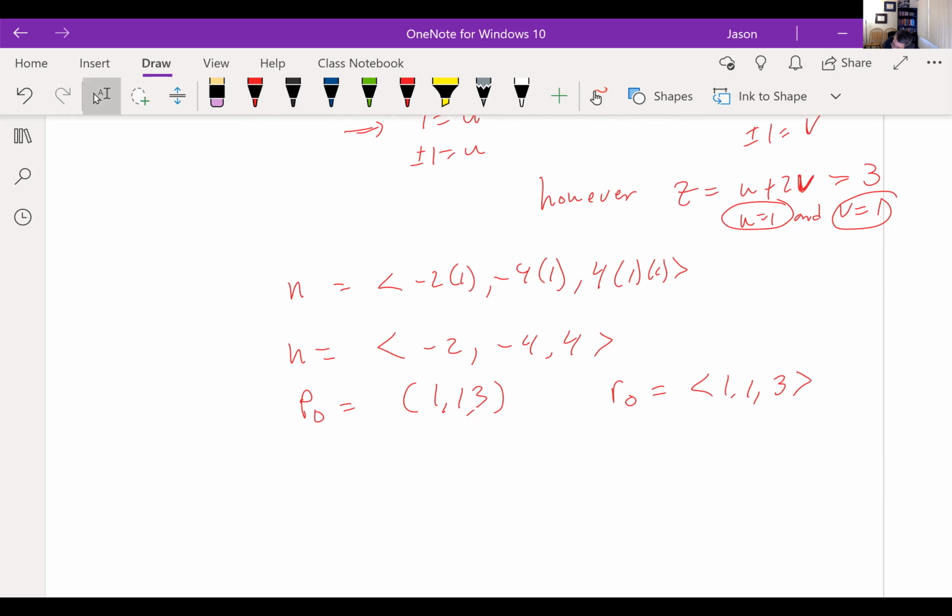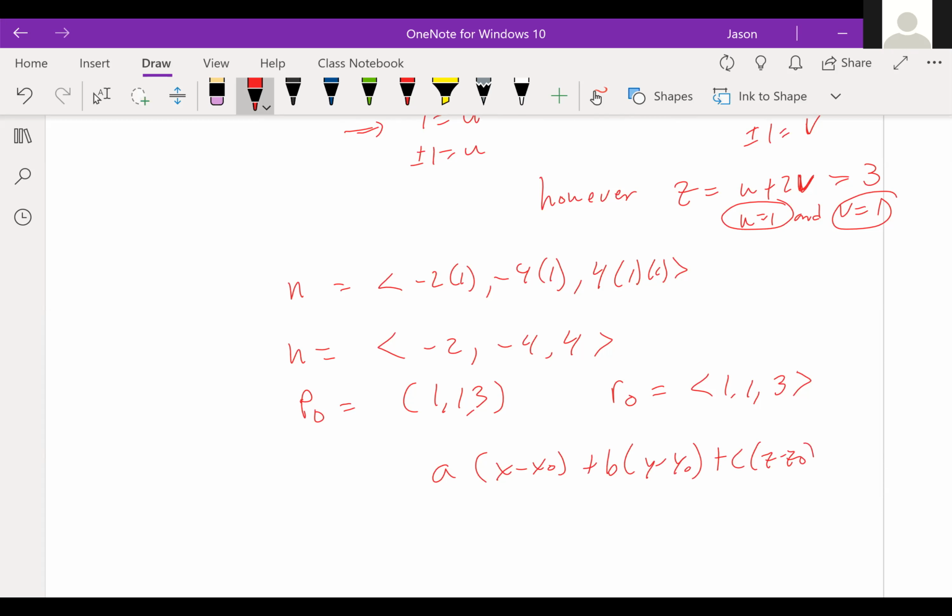And so we can use the equation of a plane, its normal vector and its point, the point and the normal vector, and we just say, well, this is going to be a times x minus x naught plus b times y minus y naught plus c times z minus z naught is equal to 0. And the a refers to the normal vector.